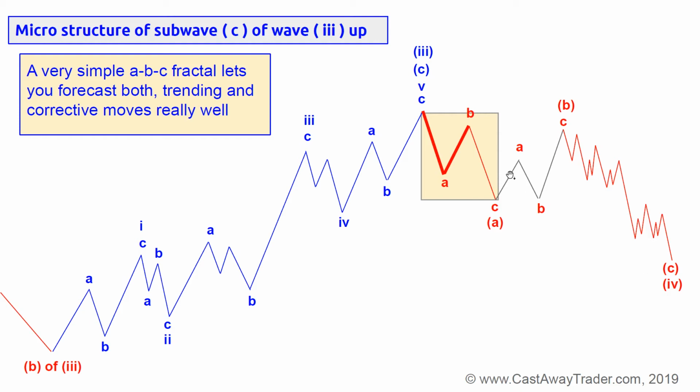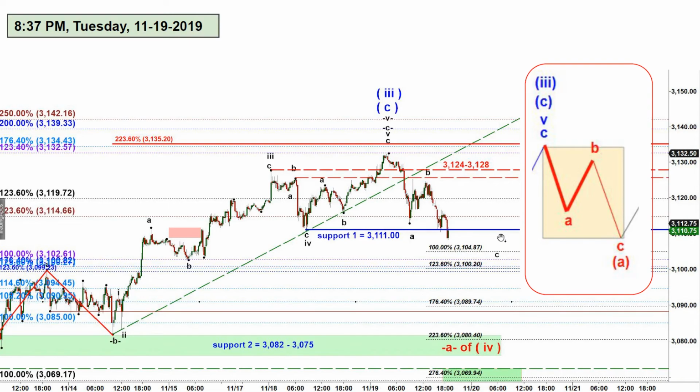At this point, I believed that the top of subwave C of 3 was over. We got the first move down in subwave A, followed by a pullback in subwave B up. I expected another strong drop in subwave C, which itself would complete the first ABC down of the top, and that would be subwave parenthesis A down. And this is what happened.